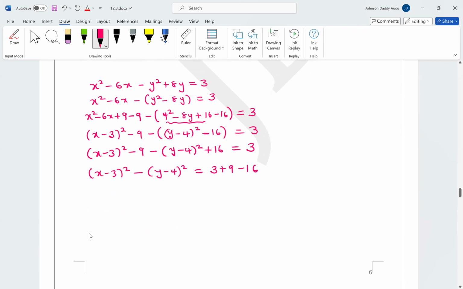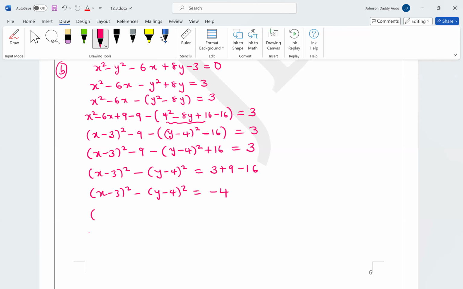So what do we have here? This is going to be x minus 3 squared minus y minus 4 squared equals what? So here you will have 12. So this is minus 4. Minus 4, correct? Yeah. So now what next do we get? We can divide both sides by minus 4.